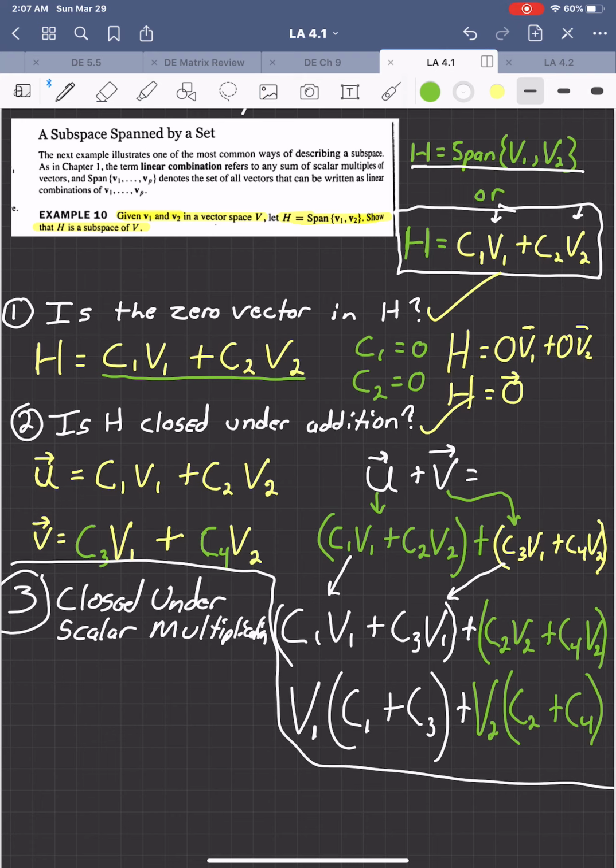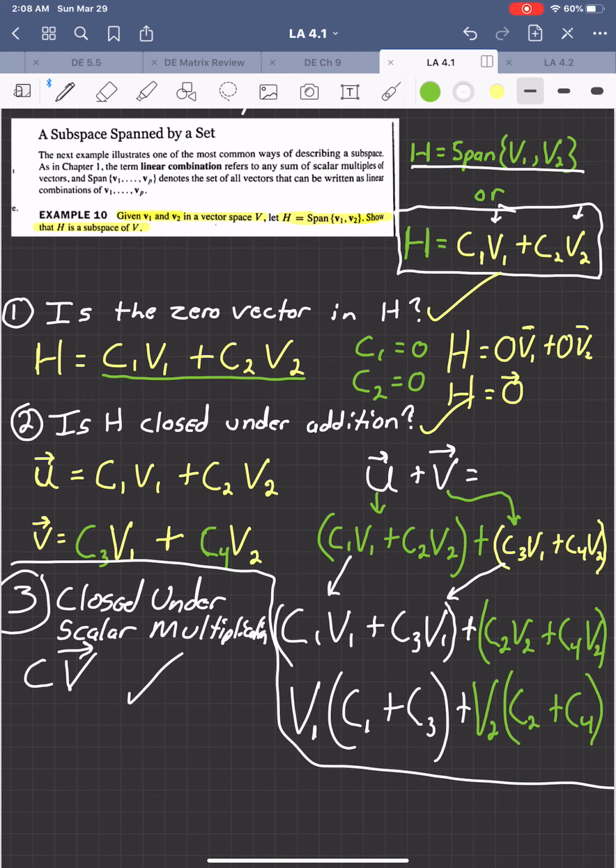I think at this stage of the game, you pretty much got the gist, but you would just have to show that a scalar attached to a vector would also be in the vector space H. You can go through and try it. I've shown you some like this before. It's not that bad at all. What you would find is that you also have closure under scalar multiplication.